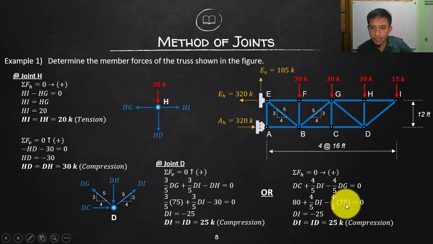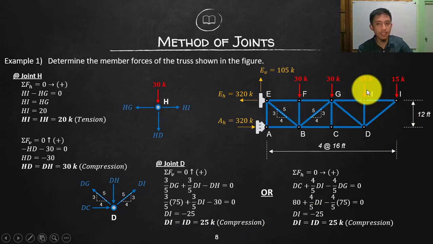Substitute DG 75, substitute DC 80. DI will be solved the same as negative 25, so a negative means compression, 25 kips. By simply comparing this, my confidence within the previous answer is a little bit sure. However, I'm not pretty sure, since I need yet to finish the joint.